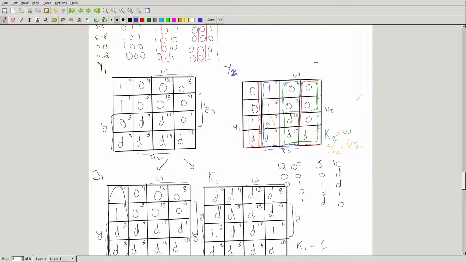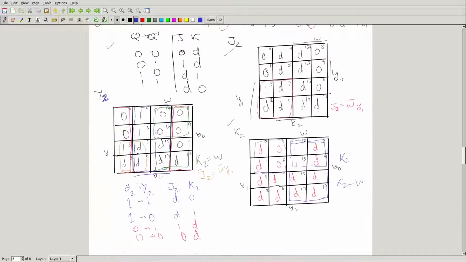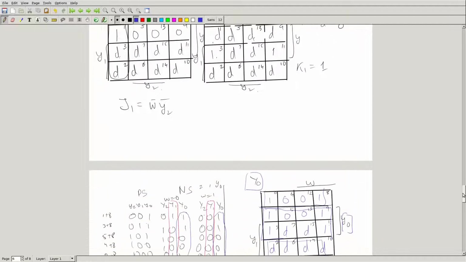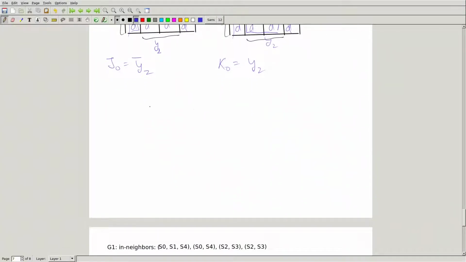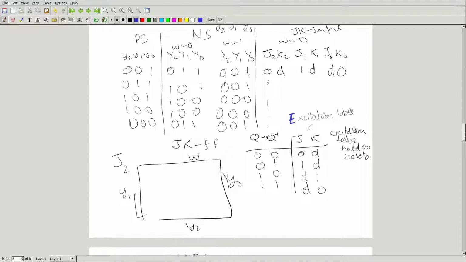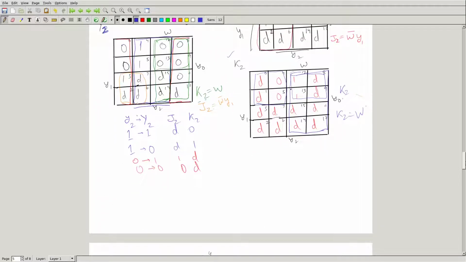So we have expressions for J2, K2, J1, K1, J0, K0. What is J2, K2?